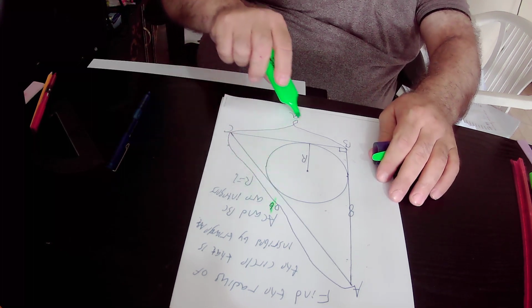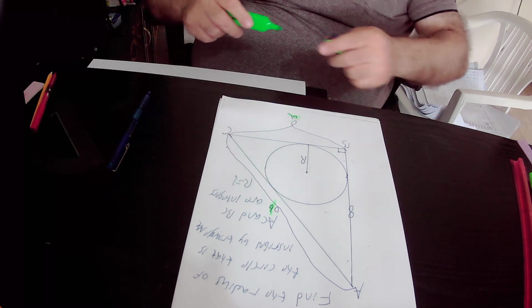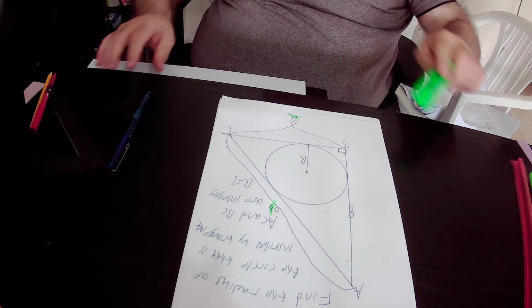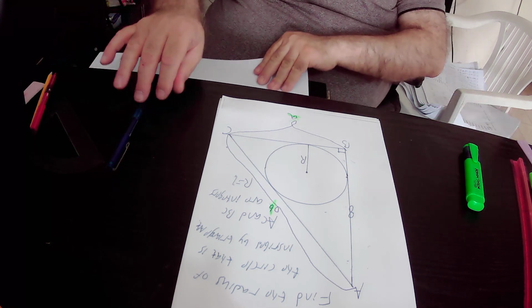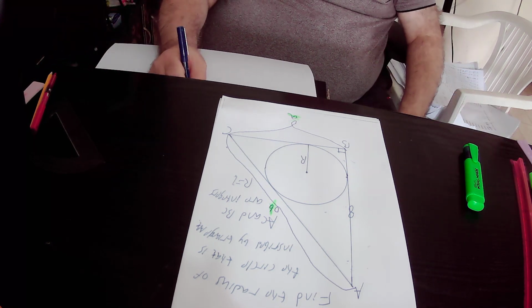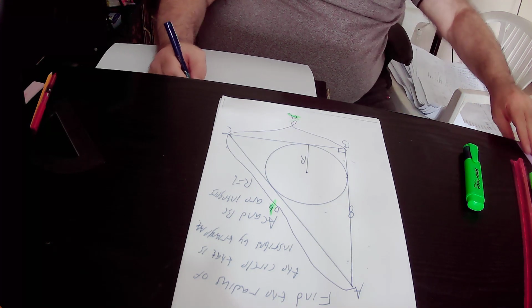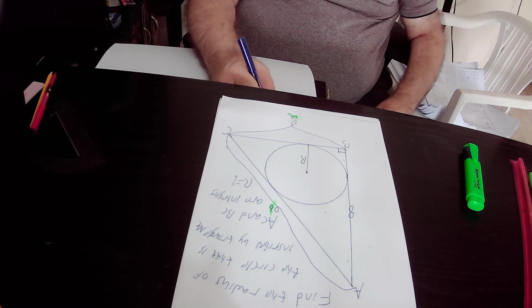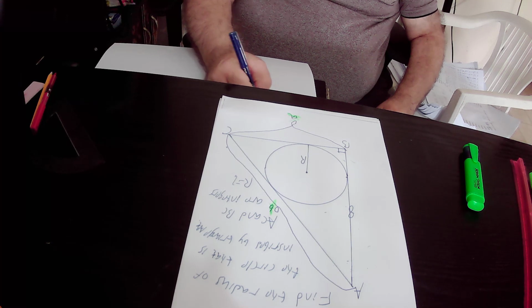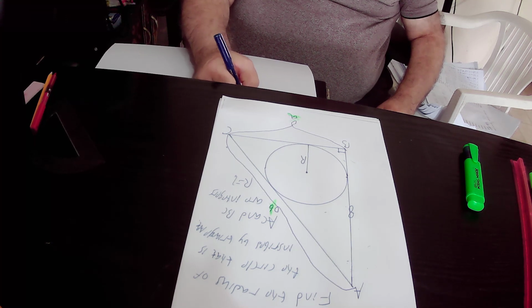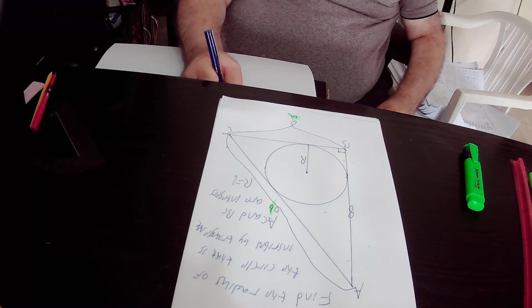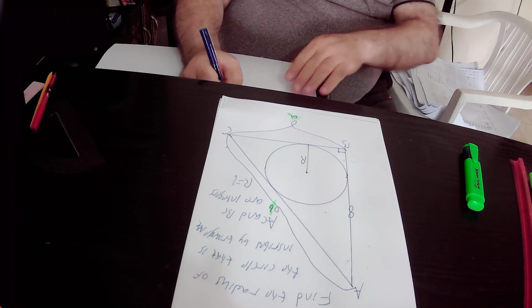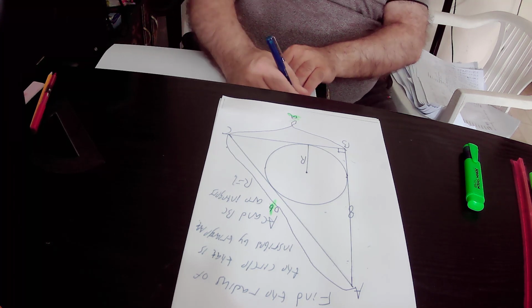And then we will implement the Pythagoras theorem on the right triangle, triangle ABC. By PT, the relation for Pythagoras theorem: the square of the hypotenuse equals the sum of the squares of the perpendiculars.